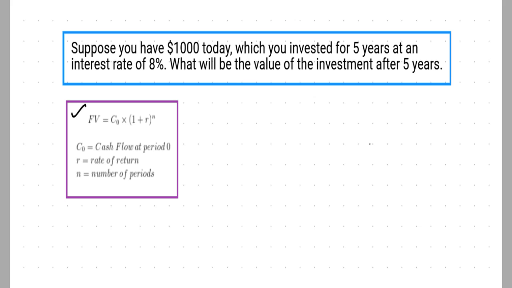So in the given case, C0 is $1,000, R, that is the rate of interest or rate of return, is 8%, and n, that is the number of periods, is 5 years.